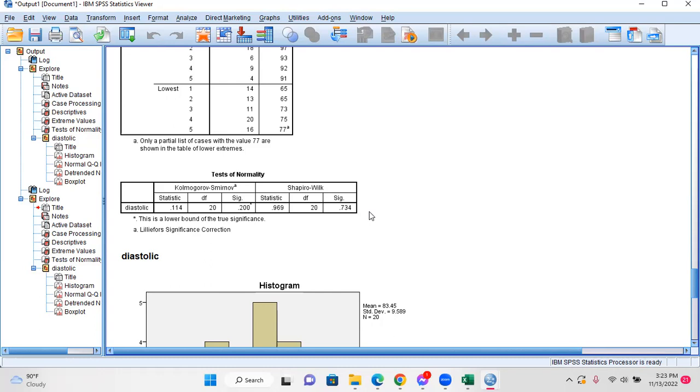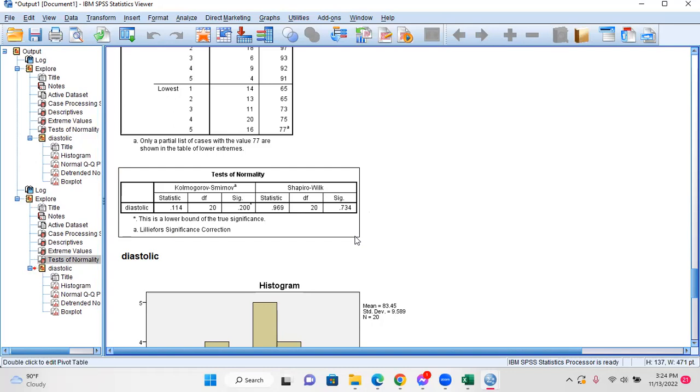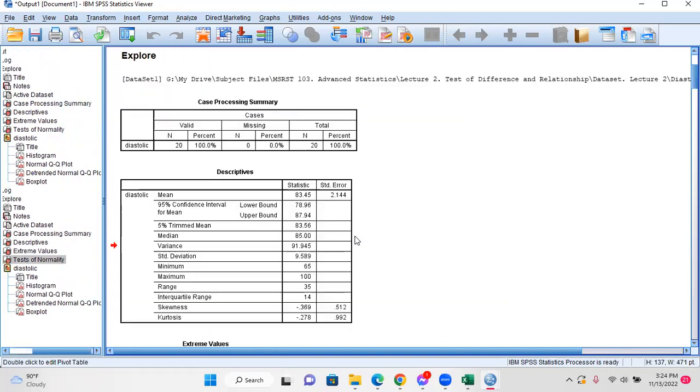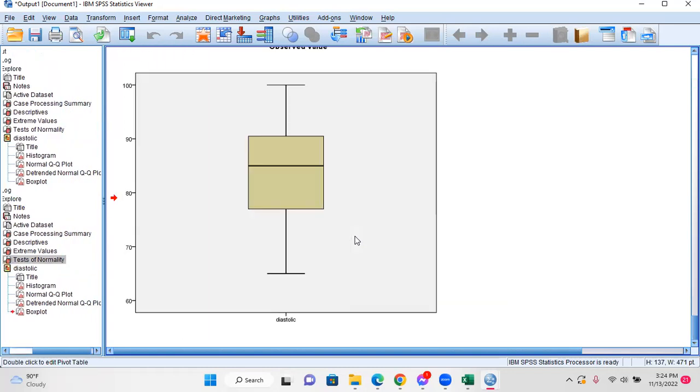Did you get it? Yes, ma'am. Sa level of significance, di ba, in order for it to be significant, it should be less than 0.05. Dito naman, if it is more than 0.05, ibig sabihin normal ang distribution. Tingin tayo sa outliers. Ayan, malinis.